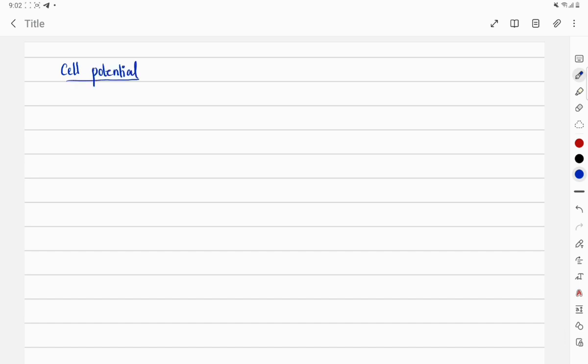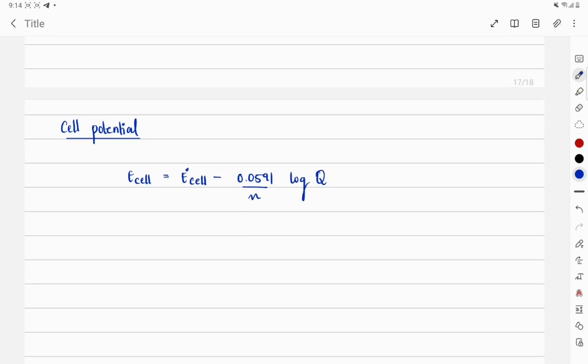So for finding the E cell value, what is the equation which we usually use? E cell, that is the Nernst equation. E cell is equal to E0 cell minus 0.0591 by n log Q. Okay, so it's not in equilibrium, so we have to use log Q. But we also know that Q is equal to concentration of product divided by concentration of reactants, right? So in this case, if you want to find E cell, we know since it is a concentration cell, the E0 cell value is 0.